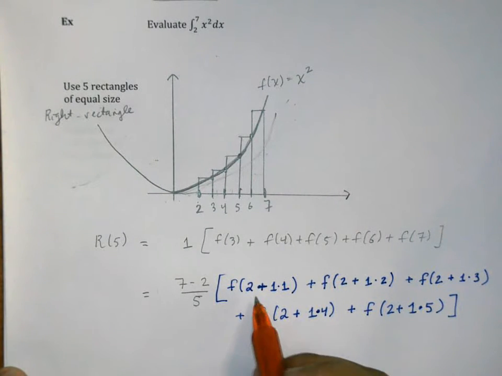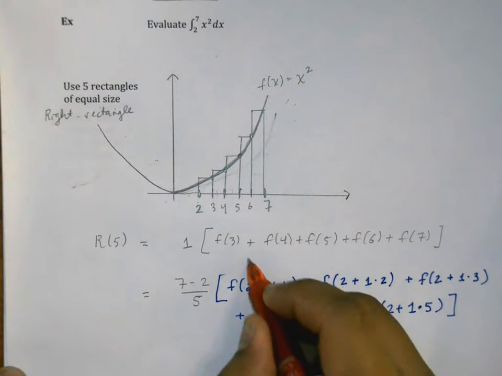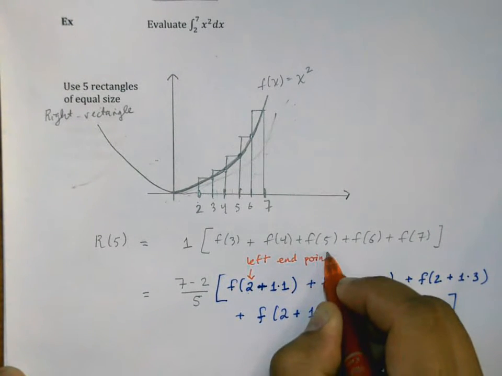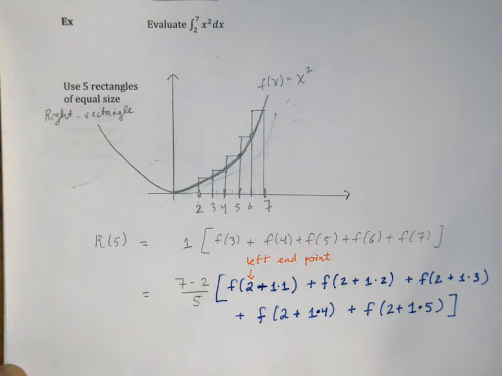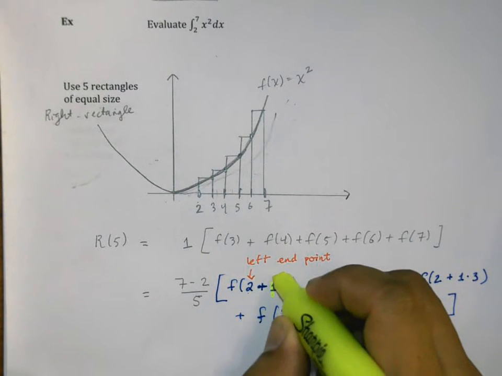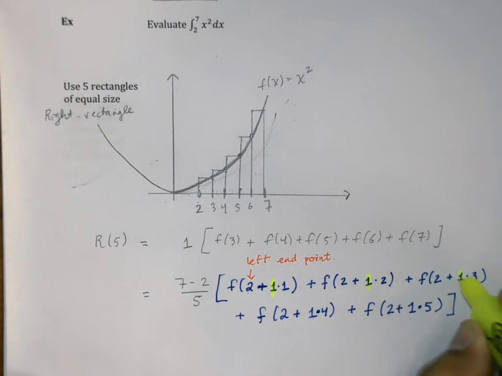This 2 at the start of each of these never changes. This is the left endpoint. That's where that 2 comes from. These 1s in here, let me just highlight these 1s right here. These 1s are all the same, and the ones that I highlighted are the width of each rectangle.